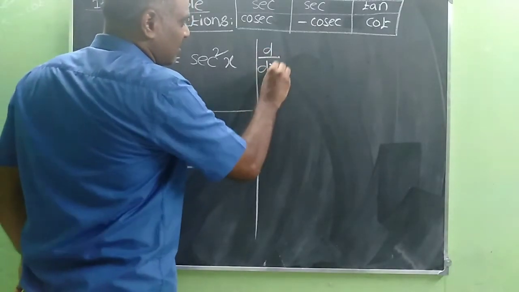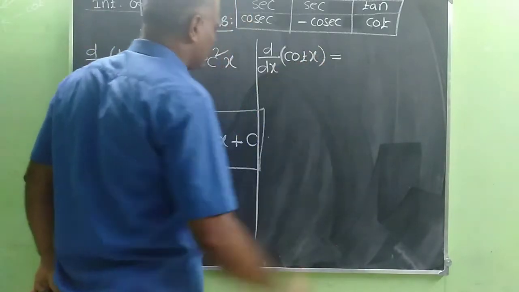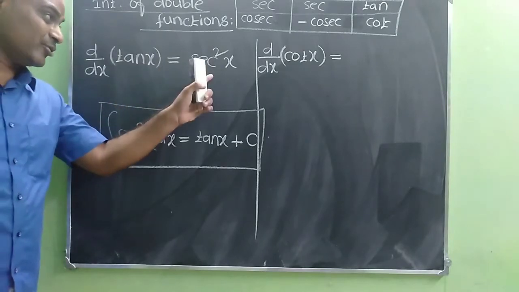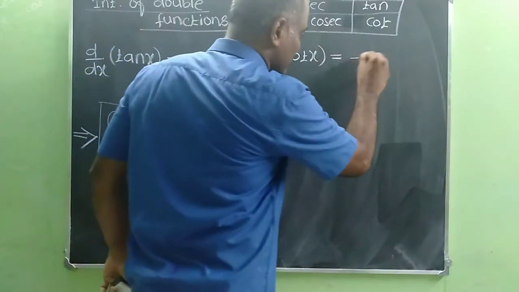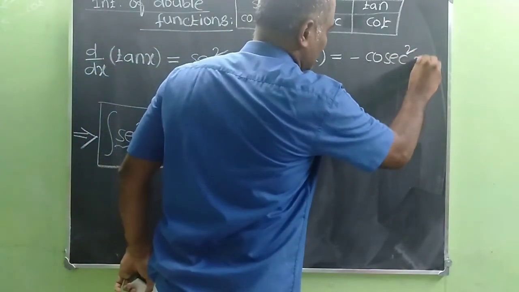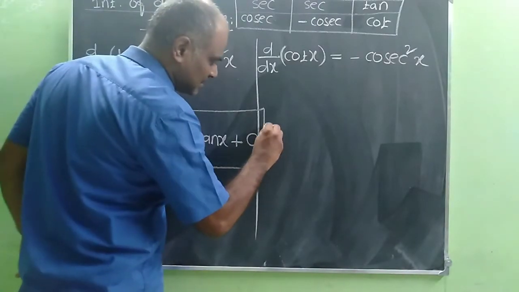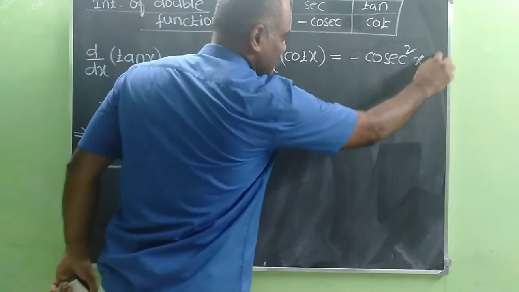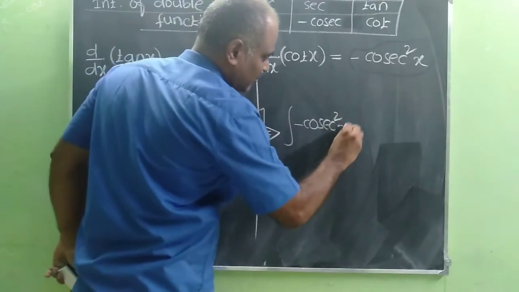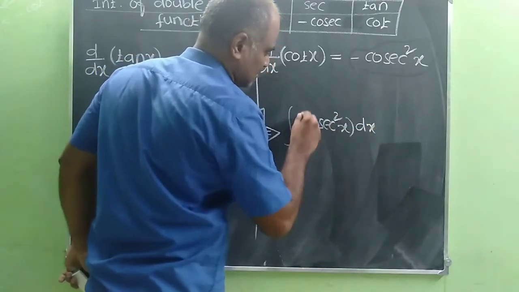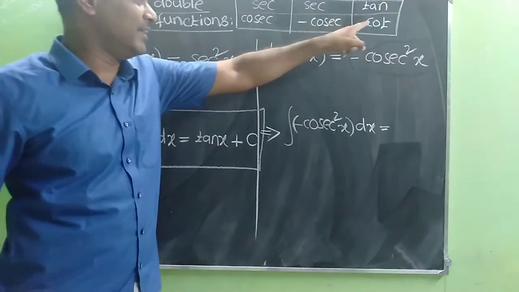Next, differentiation of cot x. The derivative of tan x is secant square x, and the derivative of cot x equals minus cosecant into cosecant, that is, minus cosecant square x. In a similar manner, integration of minus cosecant square x dx equals cosecant into minus cosecant, so we get cot x.